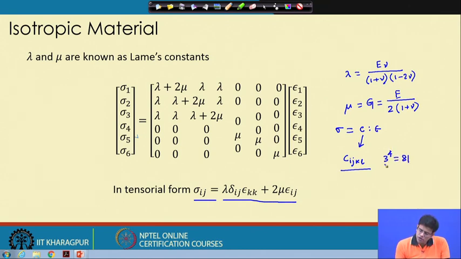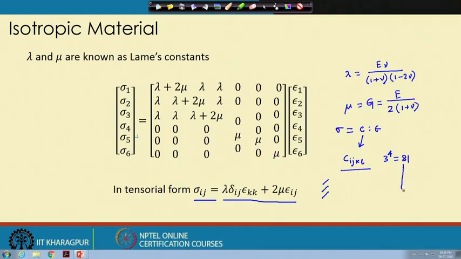Now, from these constants, we assumed major symmetry and minor symmetry, and the existence of the strain energy function, where we explored the partials, that is del squared u by del epsilon ij del epsilon KL equals del squared u by del epsilon KL del epsilon ij.